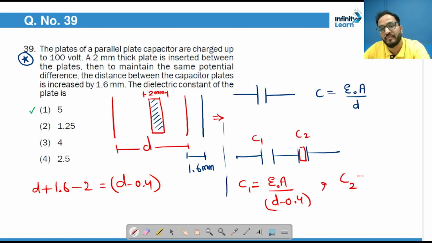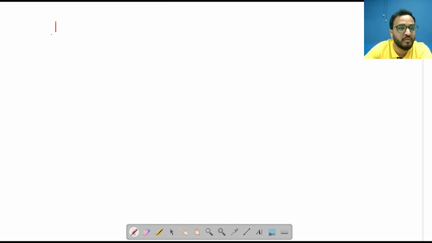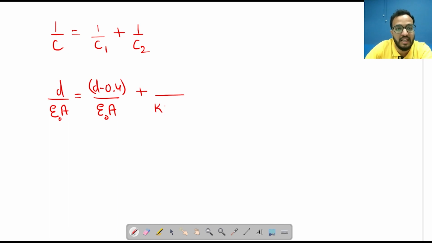And what is C2? C2 is K epsilon naught A upon 2 mm, since the area is not changing, right? So this information is available to us. Now they are in series, right? And they are saying that overall capacitance is not changing. So 1 by C must be equal to 1 by C1 plus 1 by C2. So epsilon naught A by D is equal to epsilon naught A by D minus 0.4 plus K epsilon naught A by 2, right?